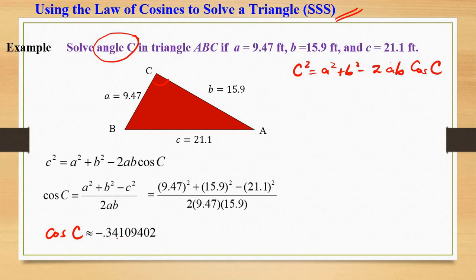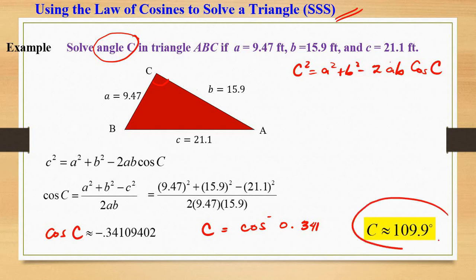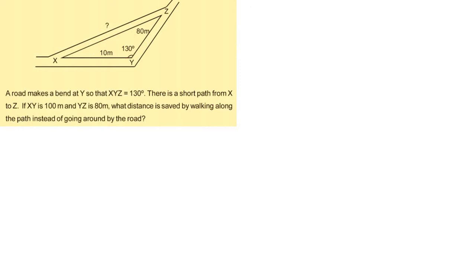We may have these three decimal numbers. How do we solve for the value of the angle C then? That would give you C equal to the inverse cosine of negative 0.341, giving us an answer of 109.9 degrees. I have another example.